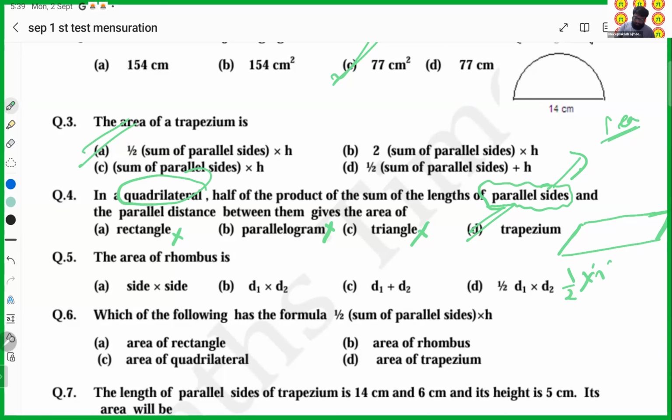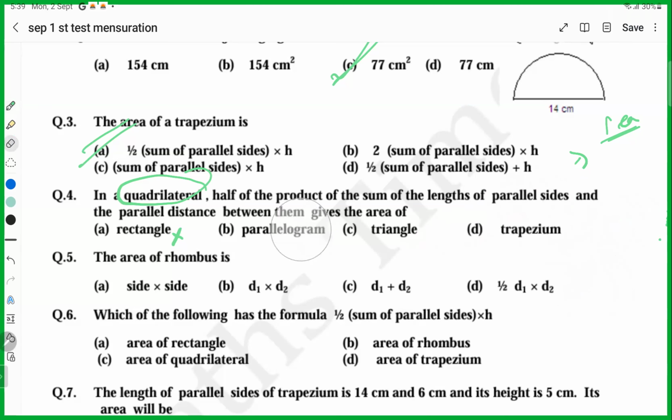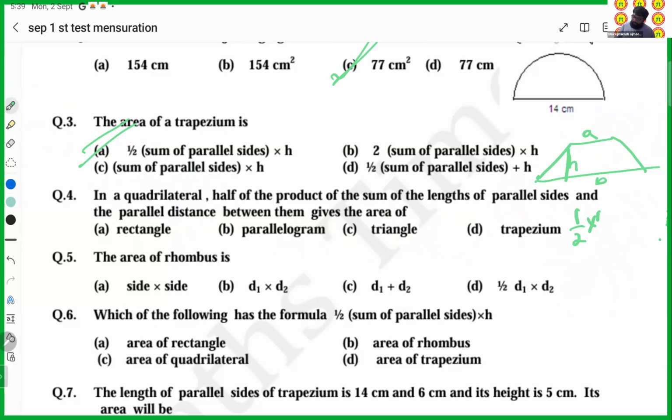So here, half into H into (A plus B). So the answer for this is trapezium. Any doubt for this? No, sir. Yes, Gautam Krishna, you have some doubt? No, sir.